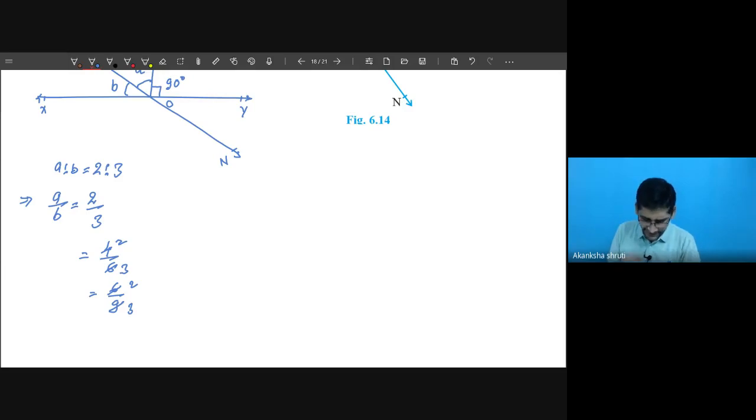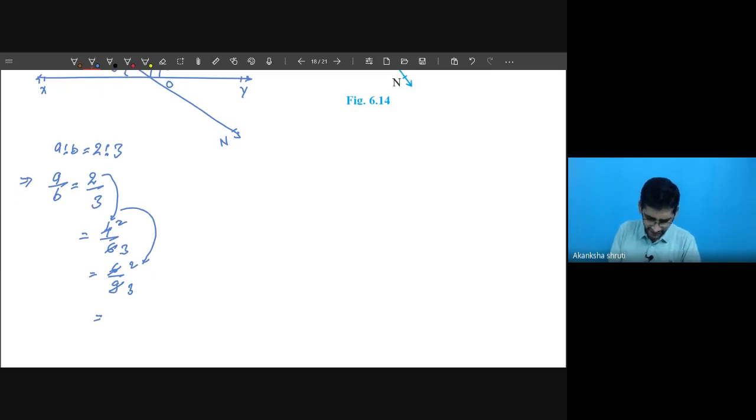What does it mean? 4 is a multiple of 2, and 6 is also a multiple of 2. Even if you increase further, one may take the numerator as 12 and the denominator as 18. It is also possible, because 6 2s are 12, 6 3s are 18.